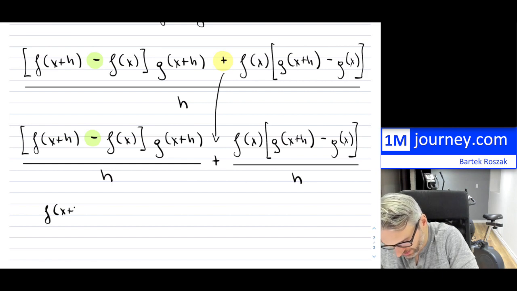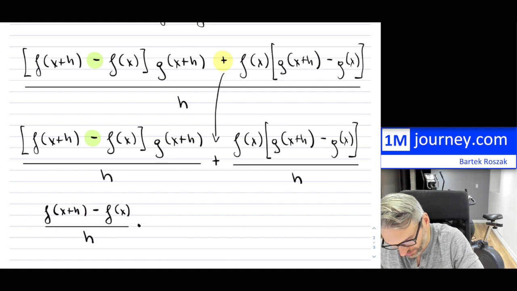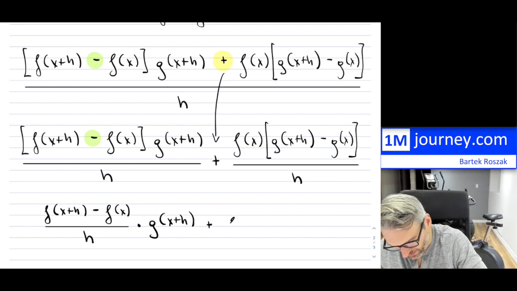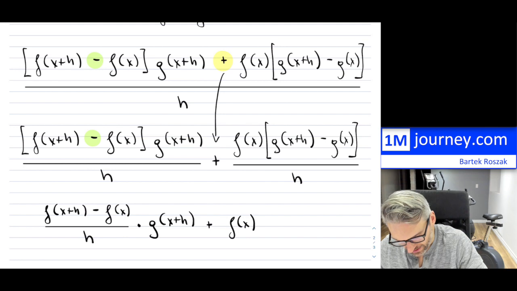It's going to be f(x plus h) minus f(x). This is all over, okay, I'm going to keep that h over there, and then this is multiplying g(x plus h). Then I'm going to have plus, then I have my second one, so this is going to be the f(x), okay?